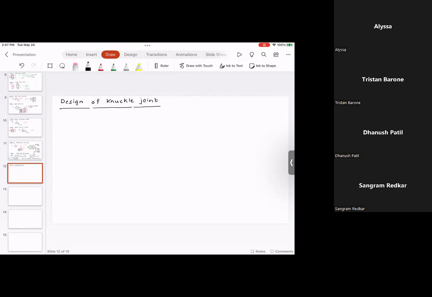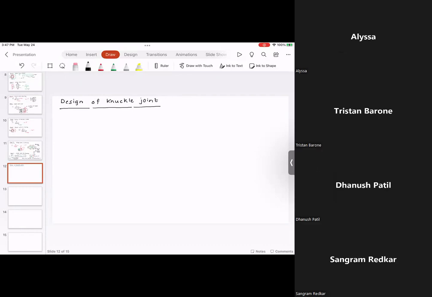So what you have is a knuckle, something like this. And then you have a pin that goes throughout the knuckle, and that pin holds these two knuckles together.